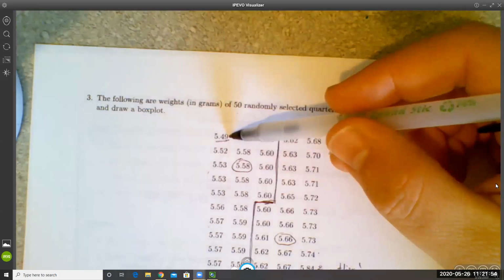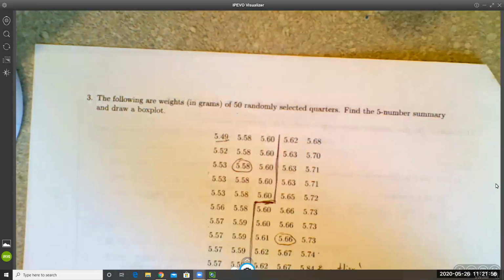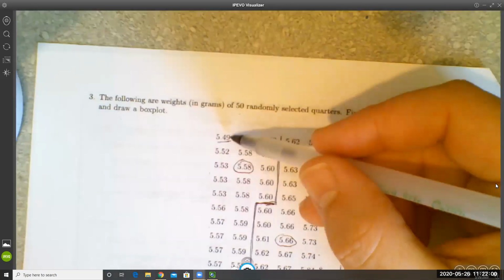We need to draw a number line going from 5.49 to 5.84. I think what I'll actually do is draw a number line going from 5.45 to 5.85.